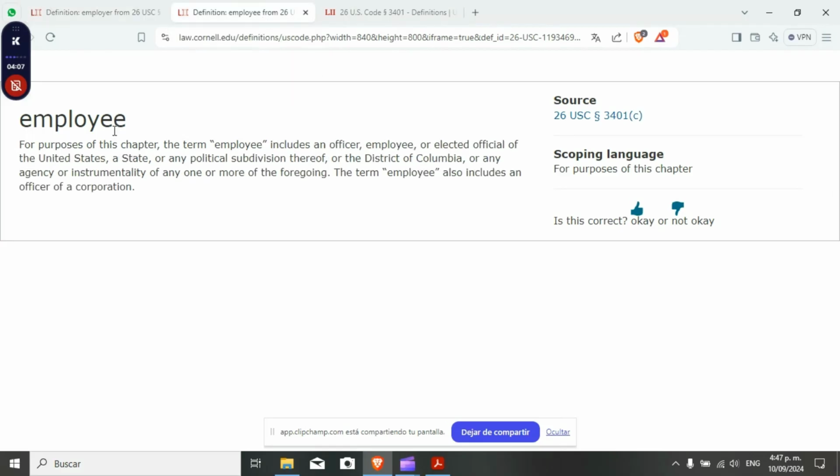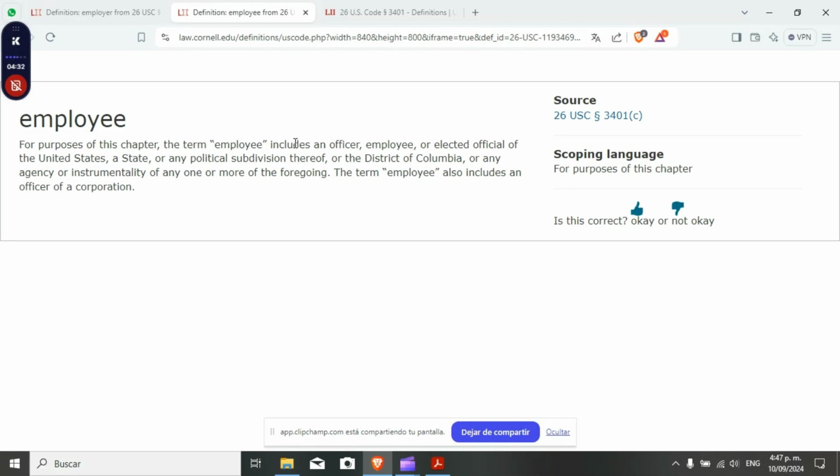The definition of employee is "includes," and by the way, in the tax code and law, when you see the word includes, whatever follows it are examples of the scale or the category of scope to which that law can be applied, and it limits it to just that category of items. So anything outside of that is excluded.